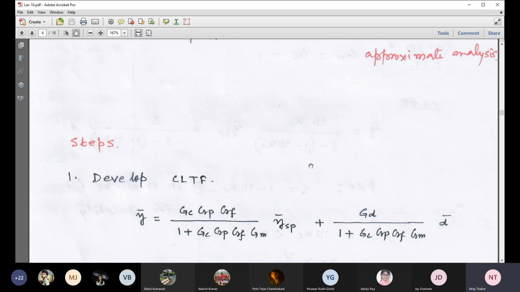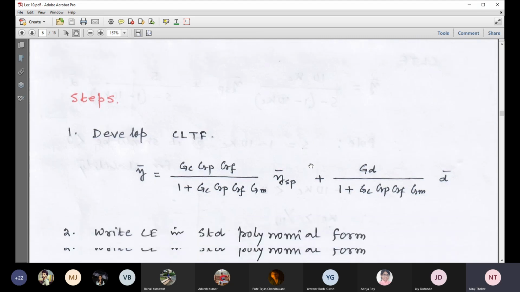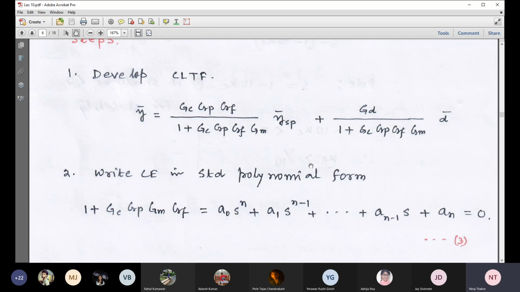This is a standard equation. And for this, you need to know all individual transfer functions. Total 5 transfer functions are there. In the second step, you write the characteristic equation in standard polynomial form.